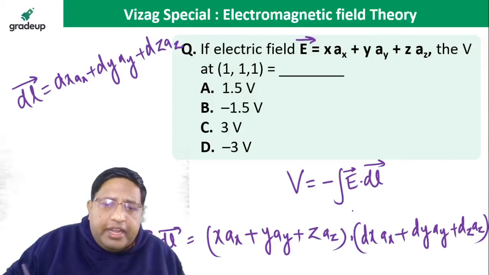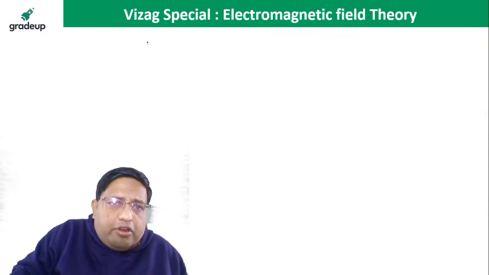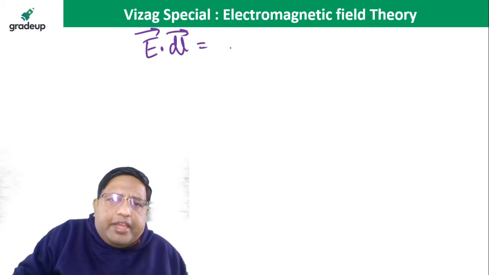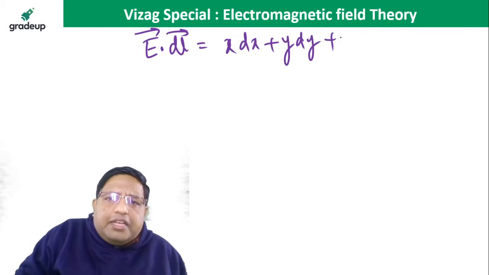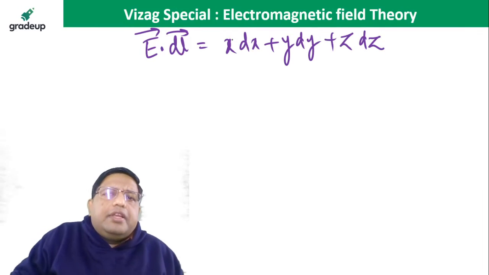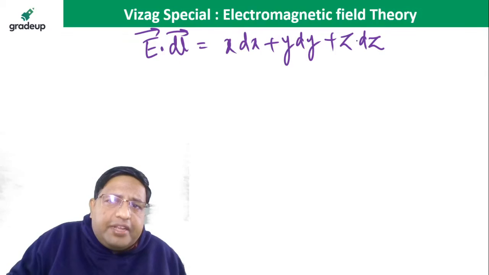So E dot dl comes out as x dx plus y dy plus z dz.